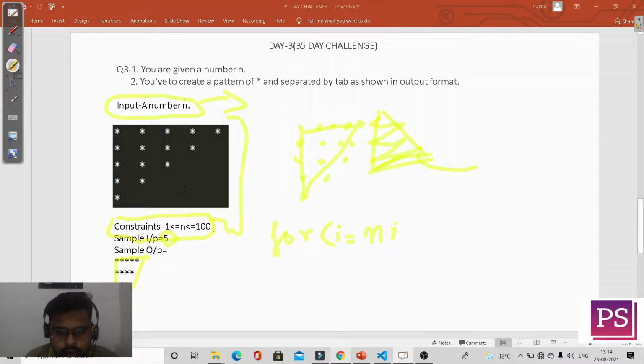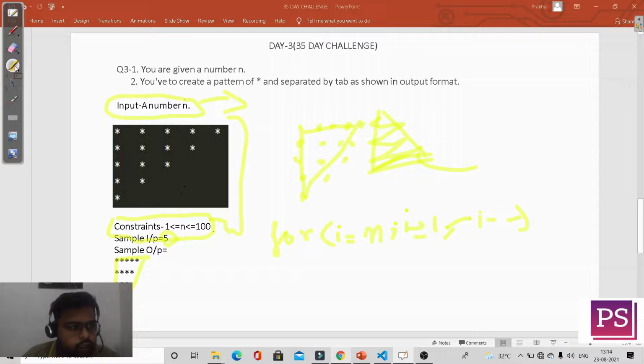Then in the next part, i greater than or equal to 1, i minus minus, because we are going downward. We have to print an inverted right angle triangle, so we have to use this.